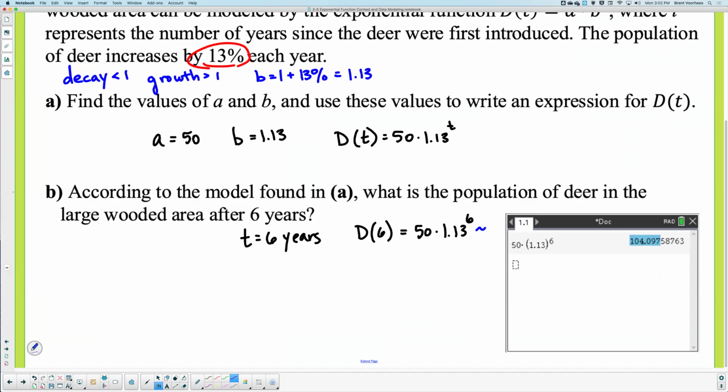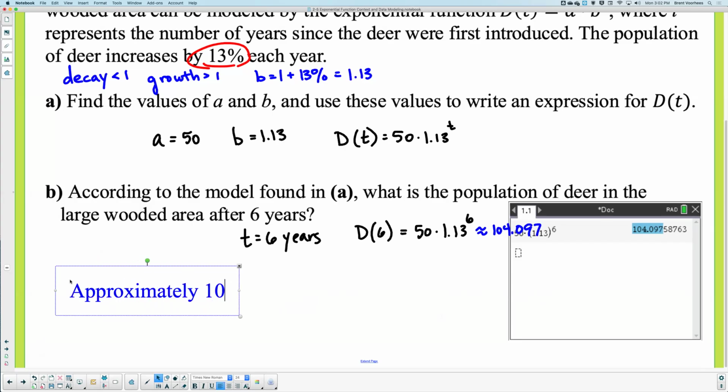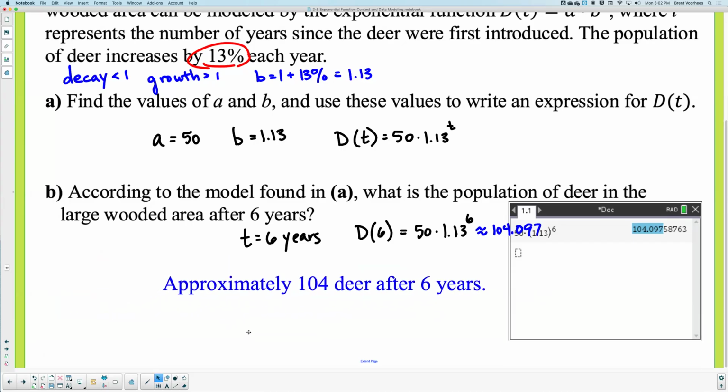We'll say this is approximately 104.097, which means we have approximately 104 deer after 6 years. Okay, so there's our estimate.